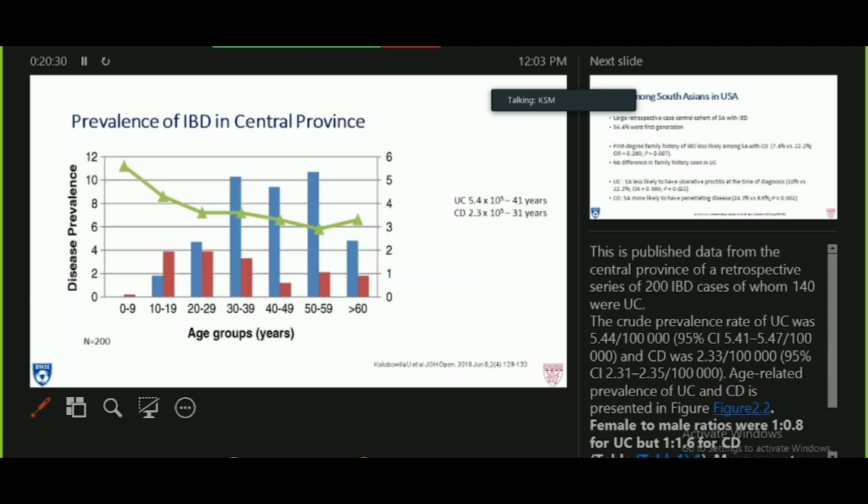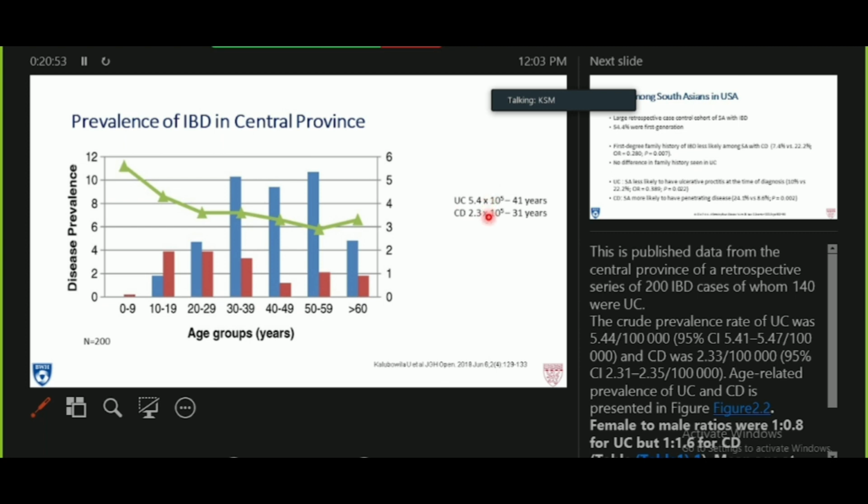This is a study actually from the Central Province. I think Dr. Kalabuola's group did this particular study where they looked at the prevalence of inflammatory bowel disease in the Central Province. And what they found was that the bulk of patients were ulcerative colitic patients with a lesser number of Crohn's disease patients.